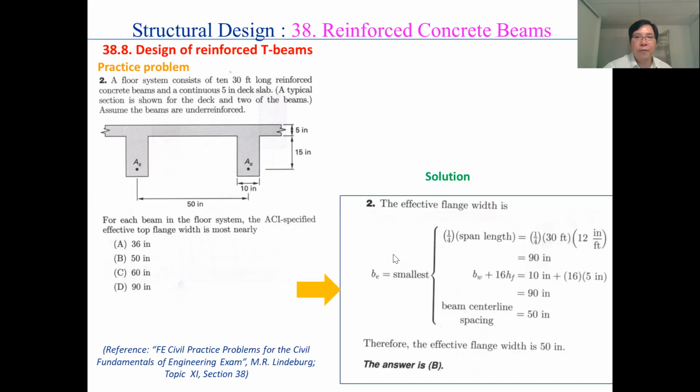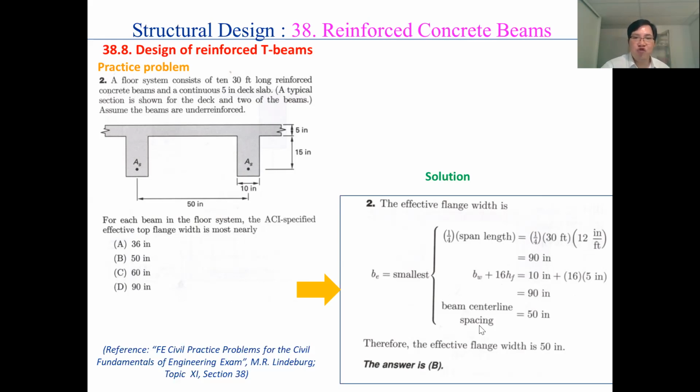You know that the effective flange width b_E is the smallest value among three equations. The first equation equal to one-quarter span length. The second equation equal to the sum of b_W and 16 times h_f.